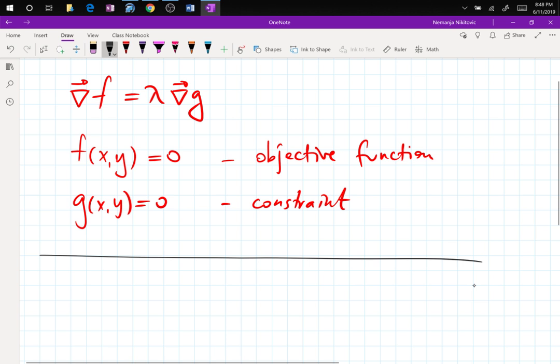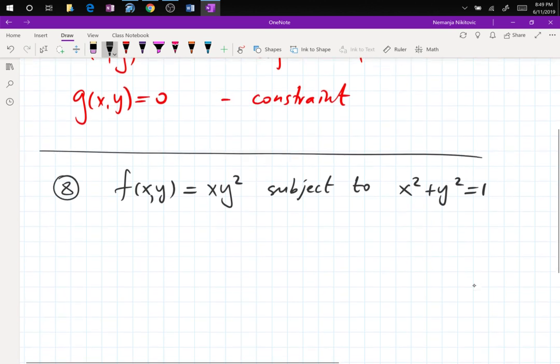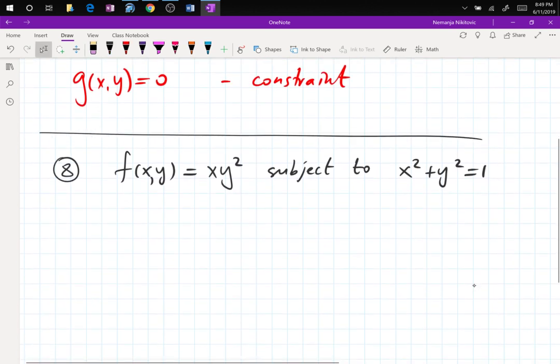So let's work it out. Let's say problem 8. It says f of x y is given as x y squared, subject to the constraint x squared plus y squared equals 1. What can this be?